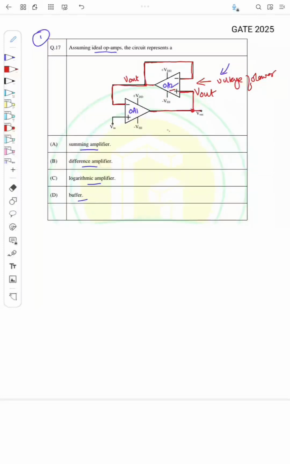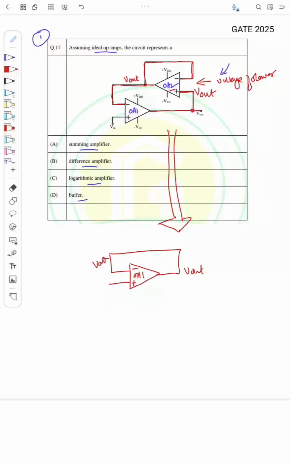So I can draw this circuit as OA1, this is the non-inverting terminal, inverting terminal, and it is similar to this one itself, like V out, and V out is directly connected to the inverting terminal. So this again represents a voltage follower, or it acts as a buffer, right? So answer is D.